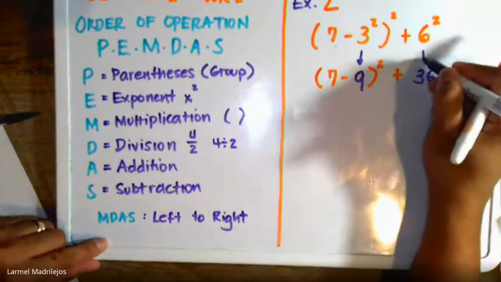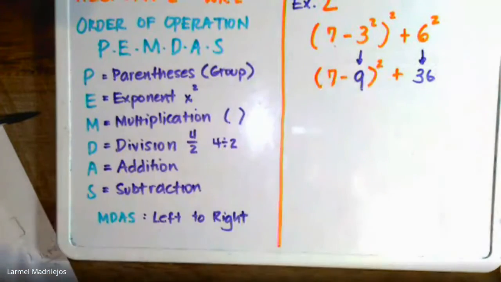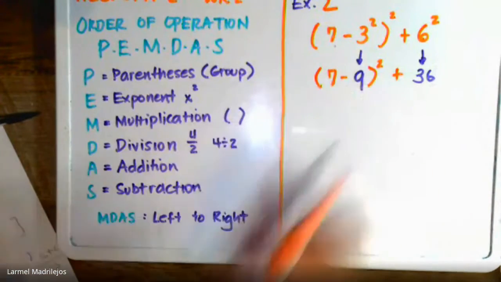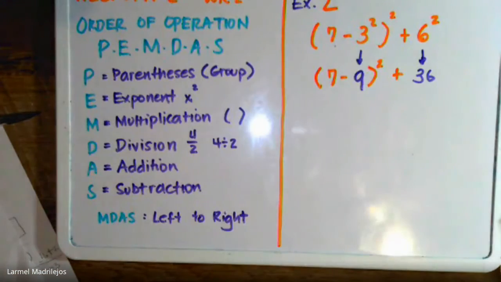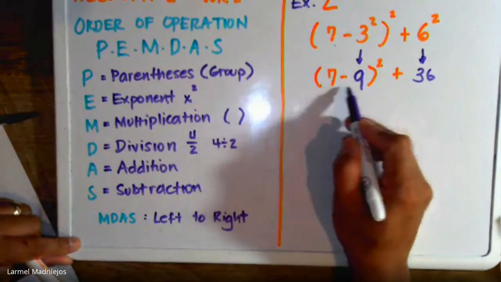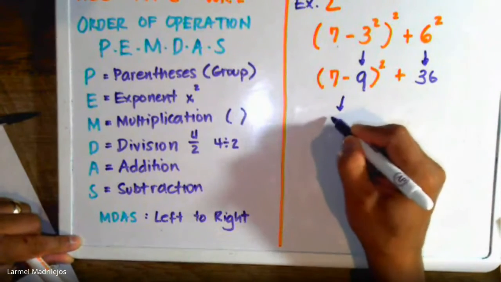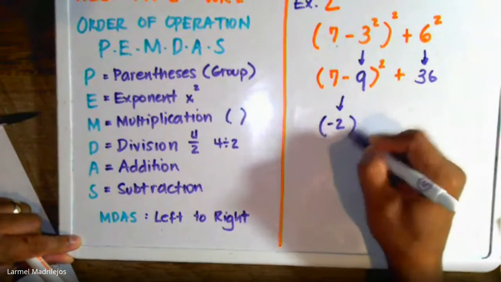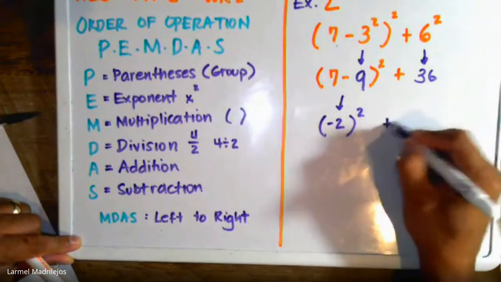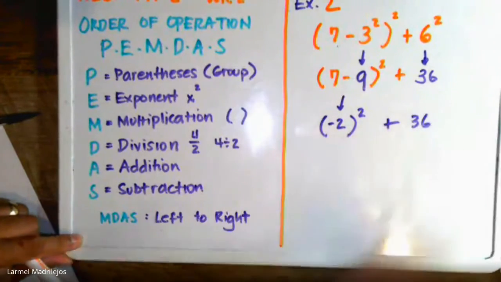I can do that later, but it's not going to affect my groupings. Next, inside the parenthesis again, 7 minus 9 gives me negative 2. Then negative 2, raised to 2, plus 36.